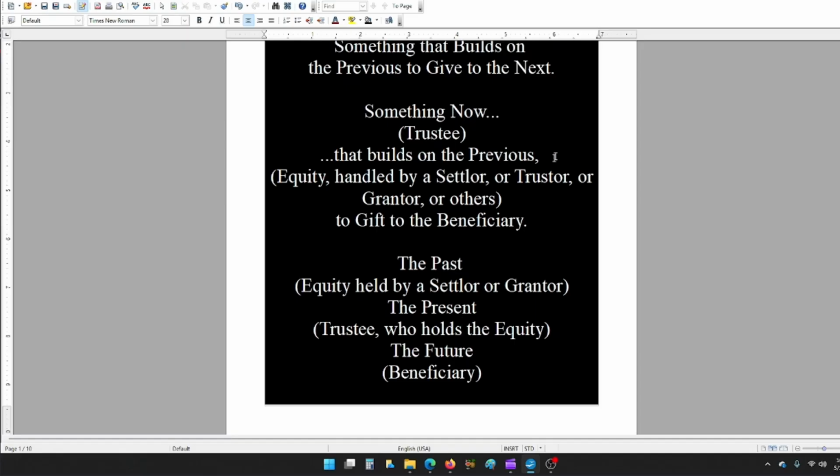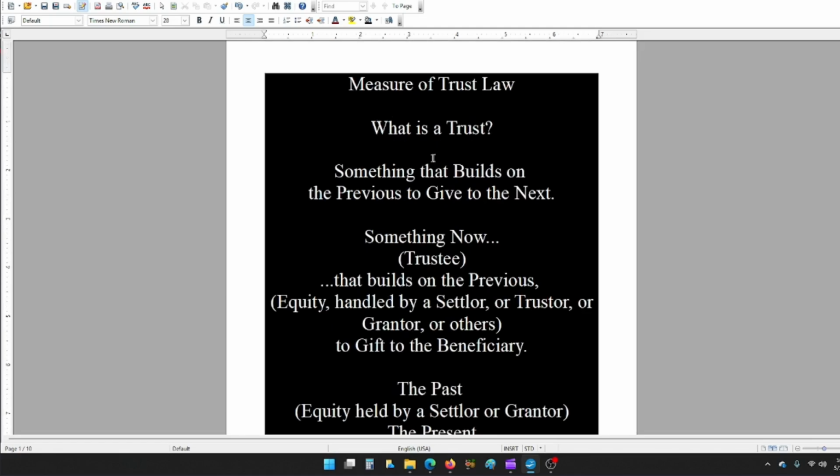They are the past. They are the previous. They are what has to be handed down. Then you have the present, who's the trustee. This person holds the equity to give to the future. It's the past, the present, and the future. The beneficiary is the future.